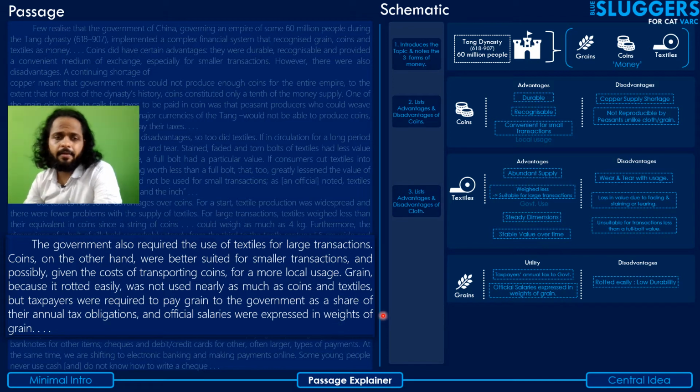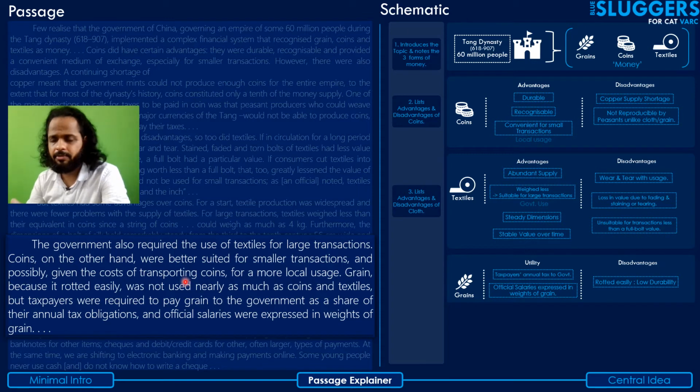Okay, so guys, in this paragraph, the author basically starts with listing differential usage of textiles and coins. He says that the government also required the use of textiles for large transactions, while the usage of coins was restricted for small transactions, and more importantly, local areas, right?